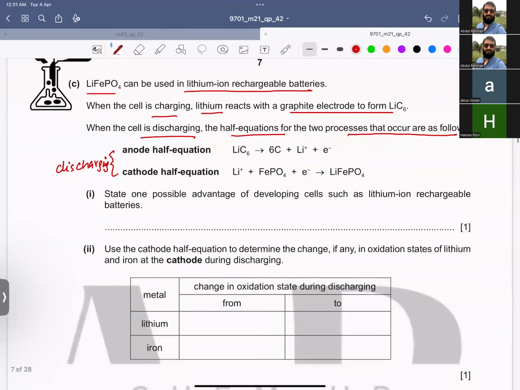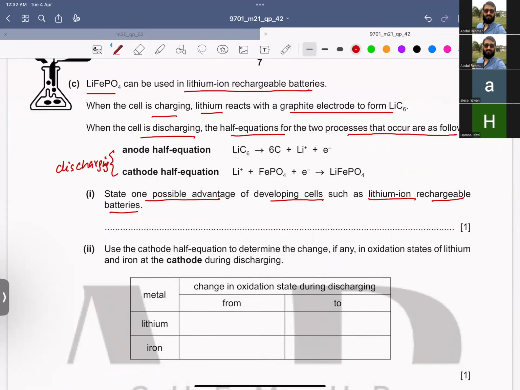State one possible advantage of developing cells such as lithium-ion rechargeable batteries. I think all of you have seen lithium-ion batteries.